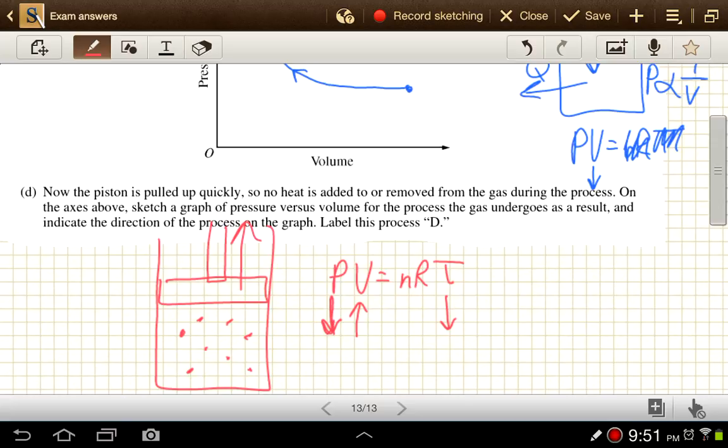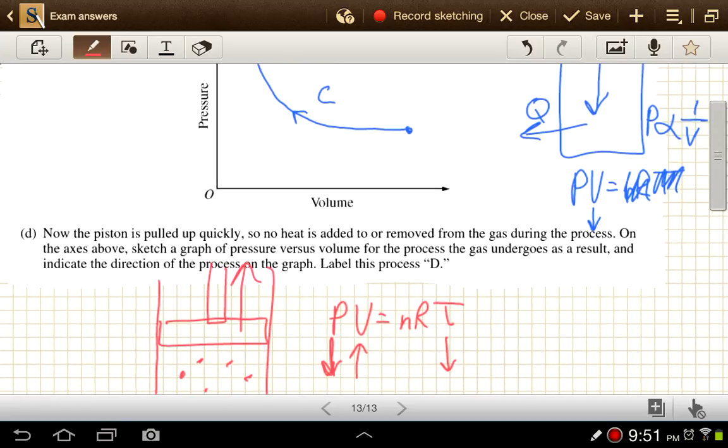Now remember, pressure is decreasing here as a result of both changes in V and in T. And so as volume increases, temperature is decreasing, and so both of these things are having an effect on the pressure. So the net effect is that pressure drops more rapidly than it would if we pulled the piston up slowly.